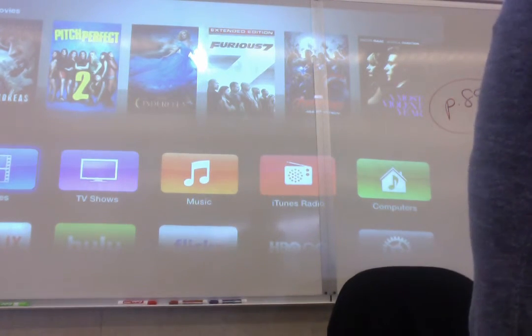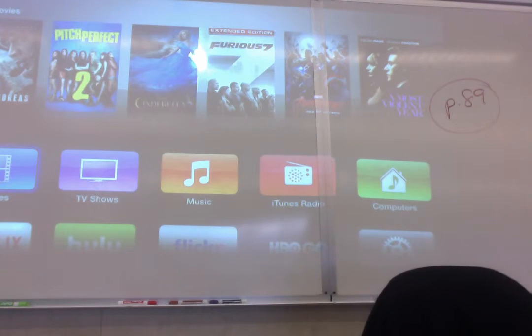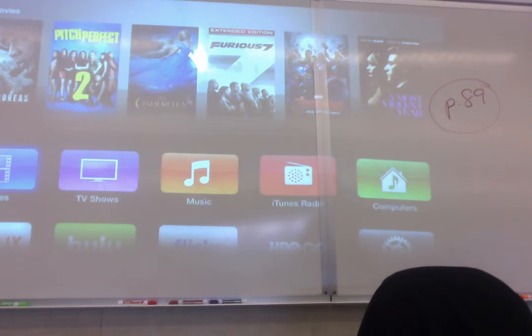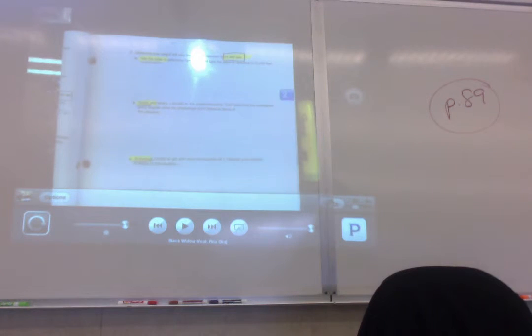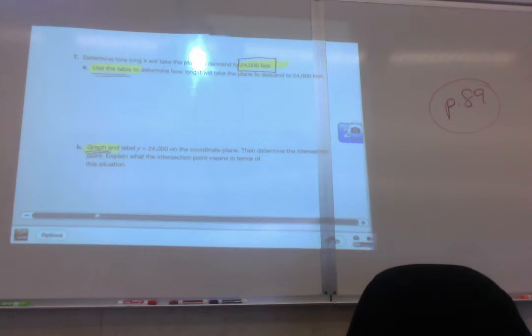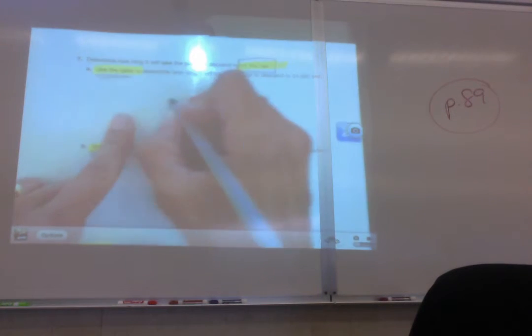All right, my friends. I got confused on the very last part of C. When you're looking at the table, most likely you have a range.